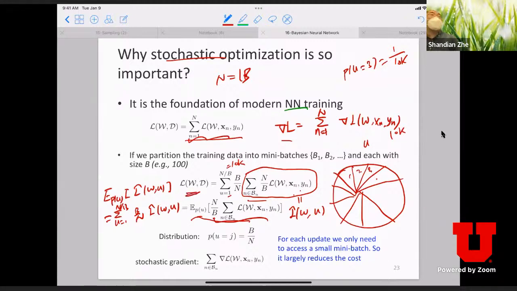We go back to this. In other words, we can view the loss over the entire training set as an expectation of some reskewed loss on the random mini batch.